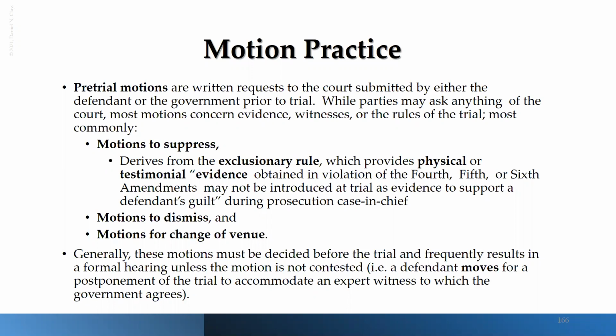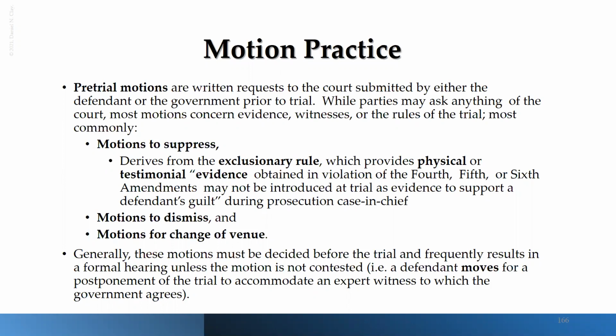Now, this means that, let's say the person is found guilty at trial, which is going to be more difficult when we have evidence that's been suppressed, but let's say the defendant gets found guilty. The judge can consider any illegally obtained evidence, so any evidence that they have suppressed, during sentencing, right?